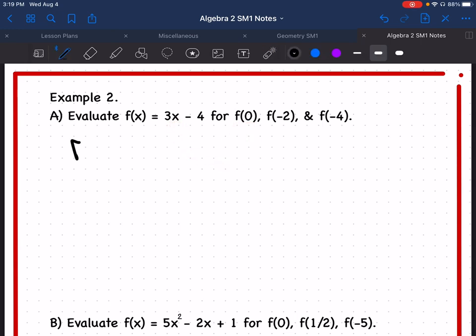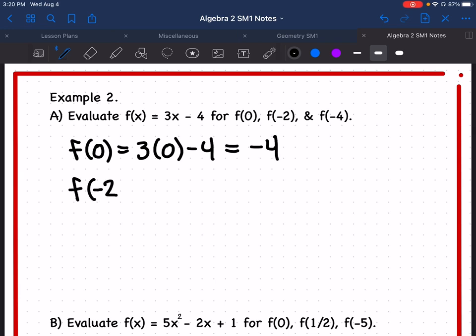So f of 0 means we're going to say 3 times 0 minus 4. And I could go ahead and place that all in the calculator, and I'm going to get negative 4 for an answer. For the next one, f of negative 2 means I'm going to take my equation, 3 times negative 2 minus 4. That would come out to negative 10.